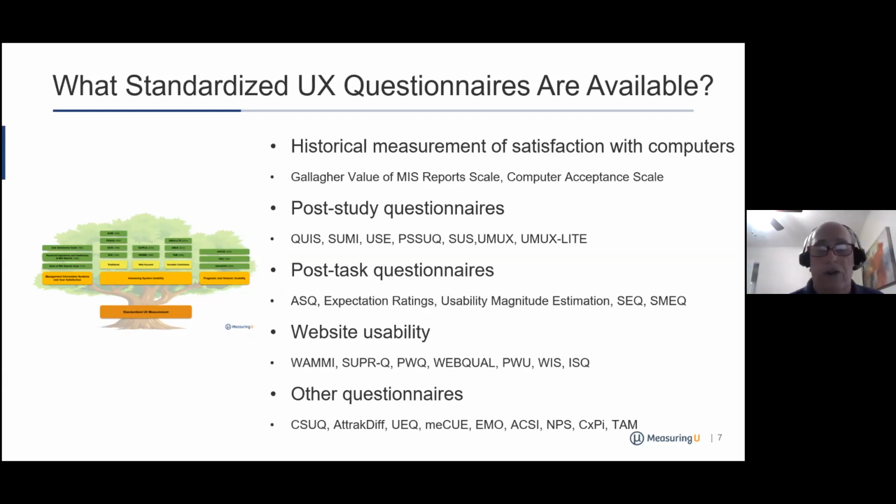The EMO is also a questionnaire that's very much focused on relationships and emotional aspects of interaction. And then there are some more corporate types of measurements that companies have used, the ACSI, the NPS, Forrester CXPI, and something we are going to be returning to, the technology acceptance model.